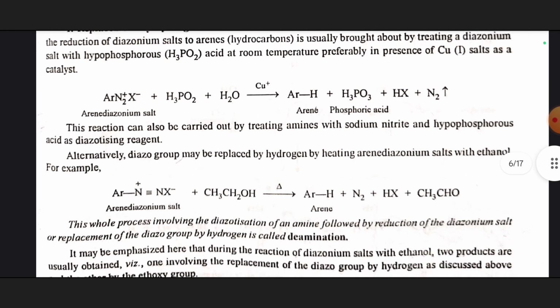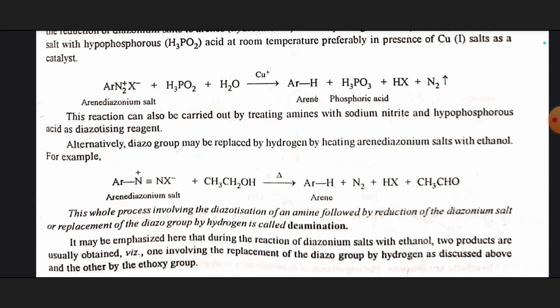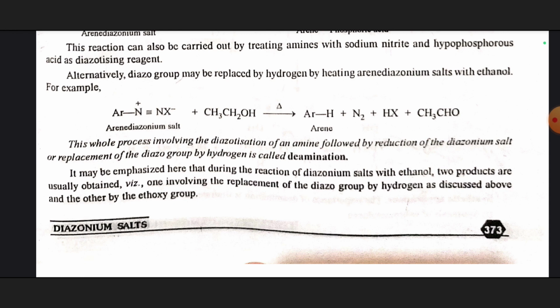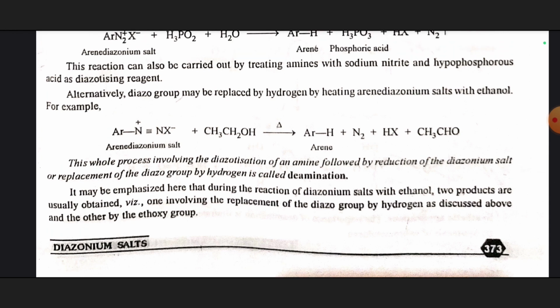This reaction can also be carried out by treating amines with sodium nitrite and hypophosphorous acid as diazotizing reagent. Alternatively, the diazo group may be replaced by hydrogen by heating arene diazonium salt with ethanol. This whole process involving the diazotization of an amine followed by reduction of the diazonium salt, or replacement of the diazo group by hydrogen, is called deamination.